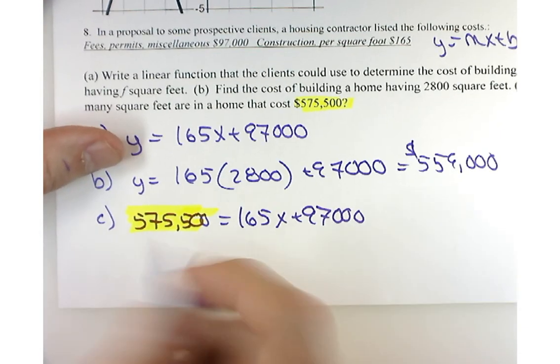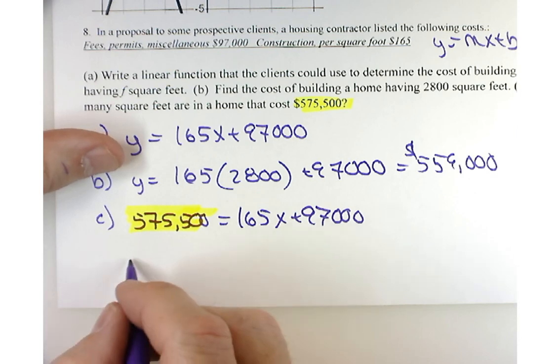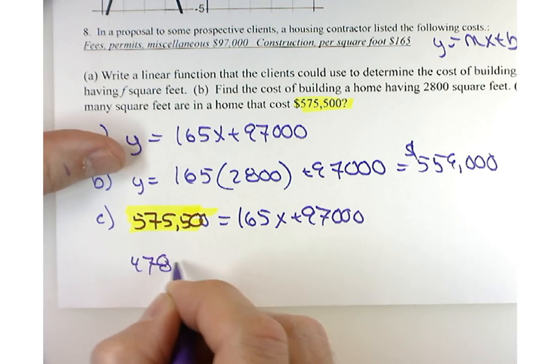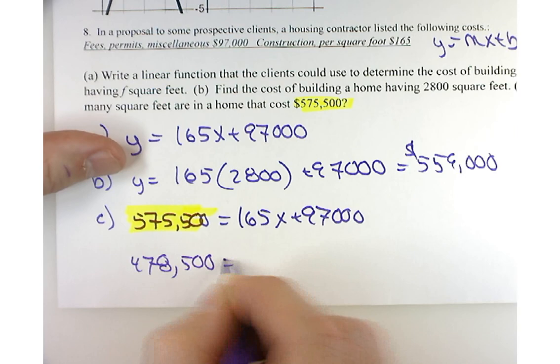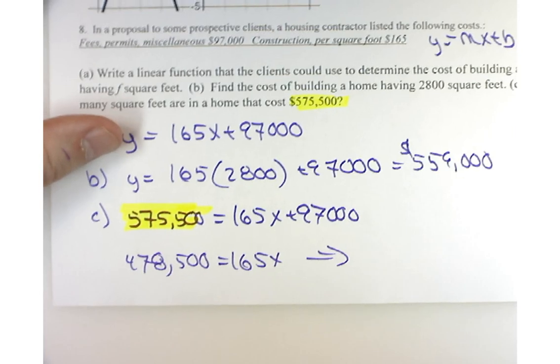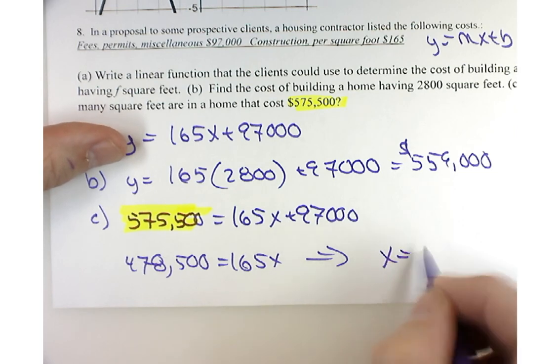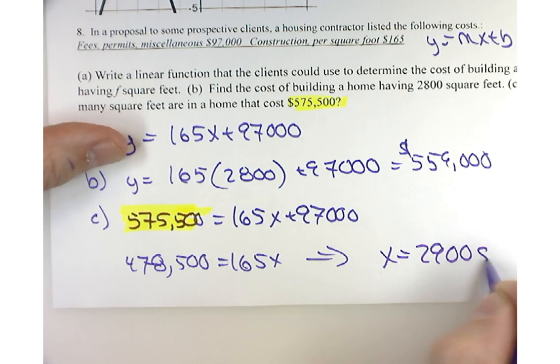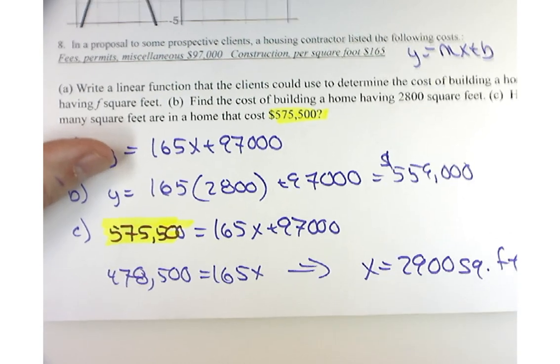So if I subtract 97,000 from both sides, I'm going to get 478,000 equals 165x. What did x turn out to be? 2,900, and units would be square feet. Awesome, well done.